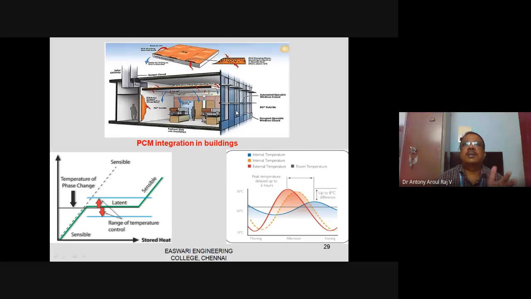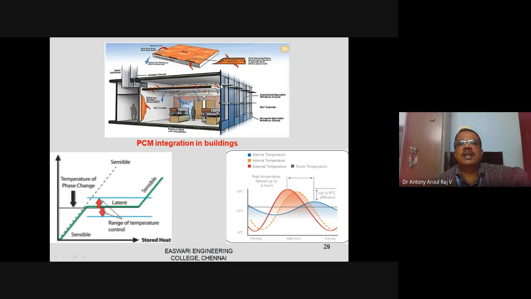If you are taking concrete material or other wall materials, and you want to reduce this peak and shift it, you require a very big wall. You have to construct a very big wall, so that you can reduce the heat entry into the building and shift it. But what will a phase change material do?